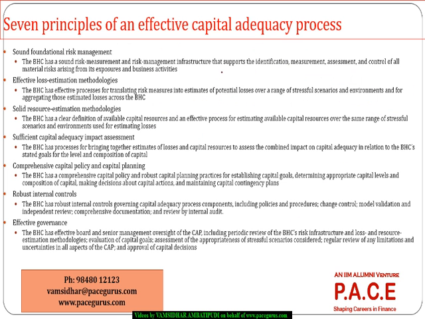Now, when we talk about an effective capital adequacy process, there are 7 important principles that drive it. First of all, the foundations of risk management need to be sound. What does that mean?